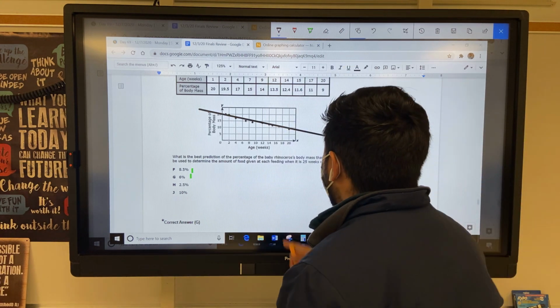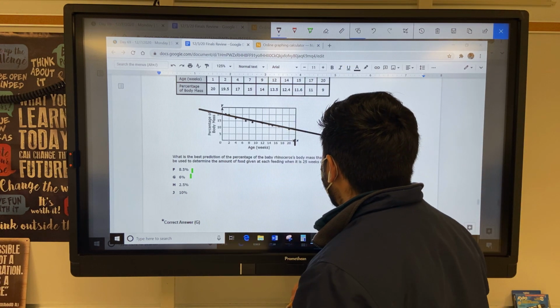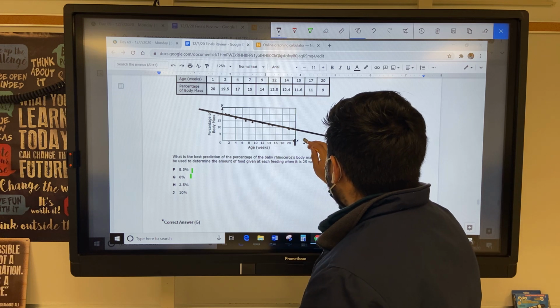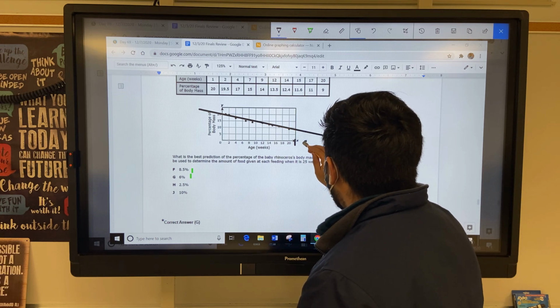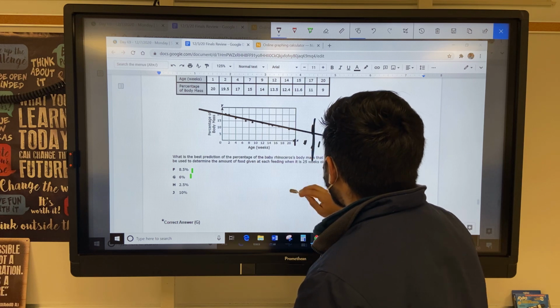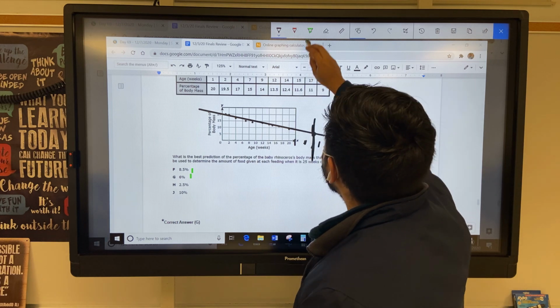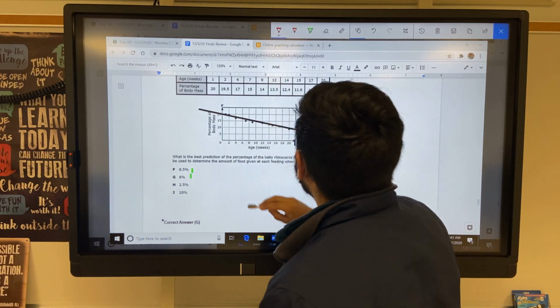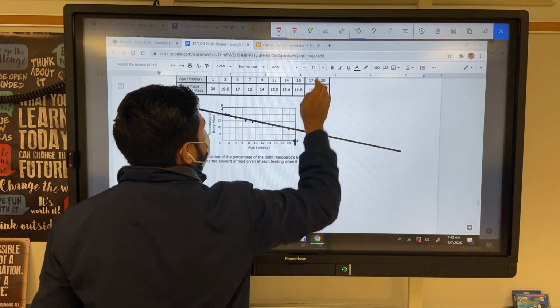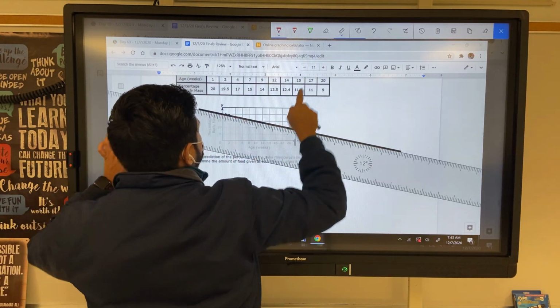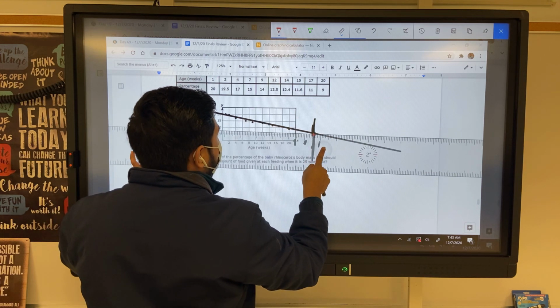Let's see. Going in 2, so this is 22, 24, 26. So 25 is somewhere in this area. If I take that, it's a lot of ruler stuff.